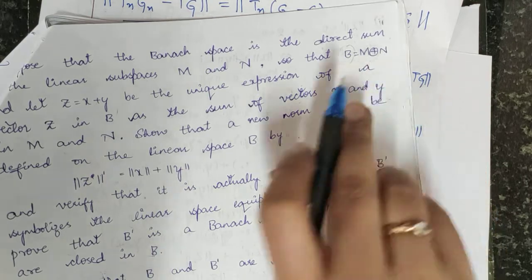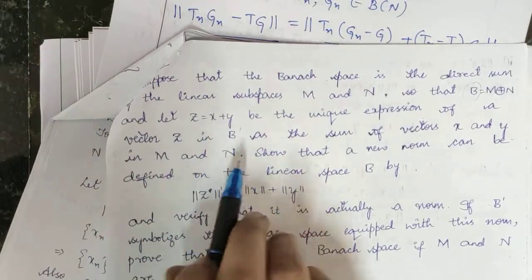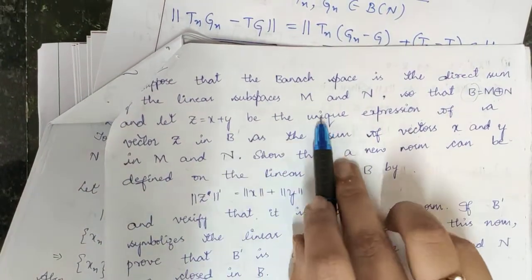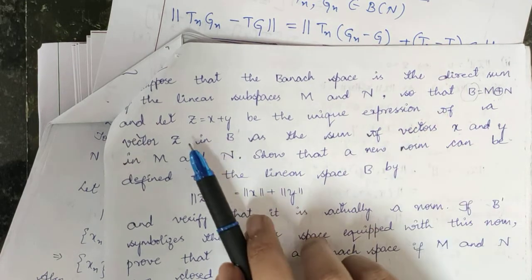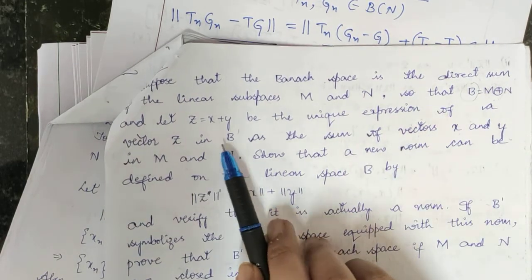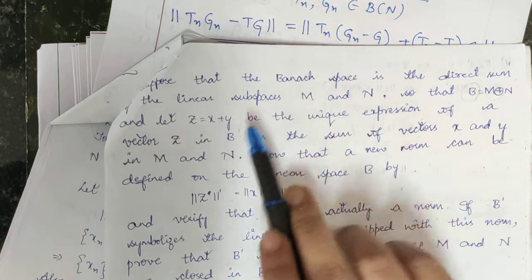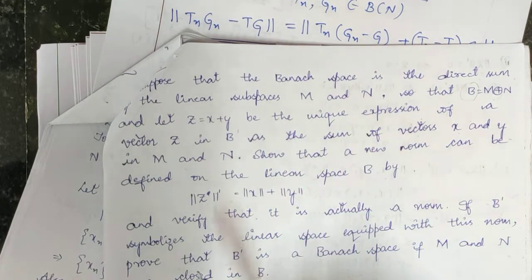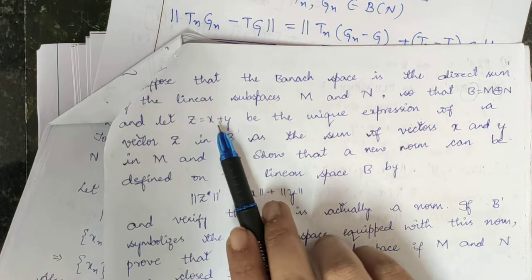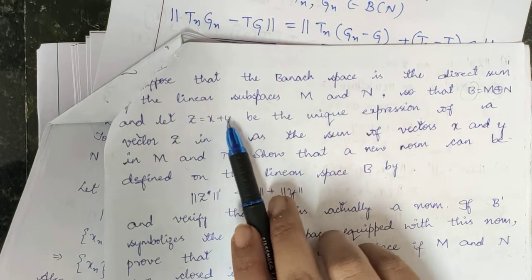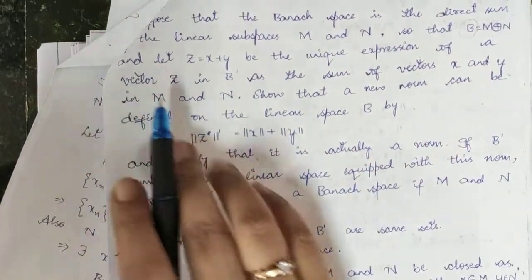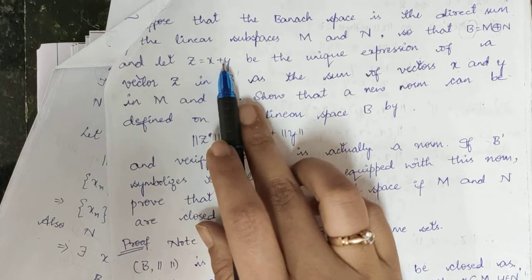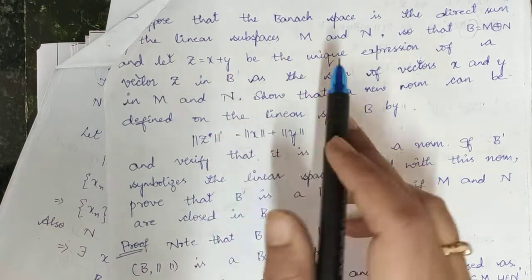B is equal to M plus N, and let Z is equal to X plus Y be the unique expression of a vector Z in B. So in the Banach space B, they are expressing Z as a unique representation, that is the sum of two vectors X plus Y, and X and Y are coming from the linear subspaces M and N.